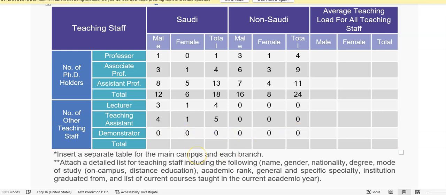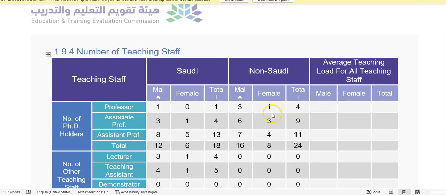So this is the distribution of teaching staff as Saudi, non-Saudi, male and female. Write the total here. 4, we have total 12, and here we have total 7. We have total here 6, we have total 2, we have 9, we have 0, 0, 0.